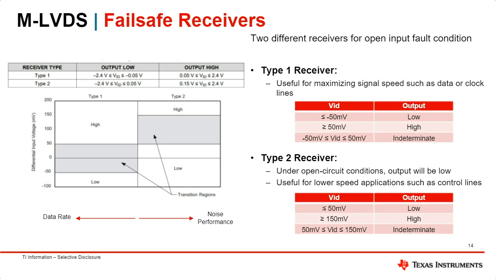And so it allows this type of configuration, which is often implemented for control types of applications. I'll talk to it as well, but all of TI's LVDS or MLVDS receivers and transceivers have an option for both a type 1 and a type 2.